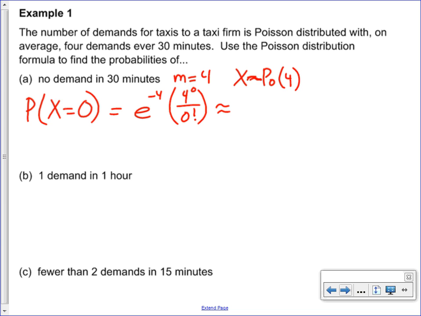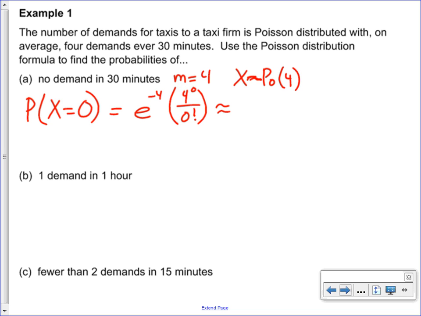Got a calculator? Go to math, and then. Oh, 0 factorial is 1, always. And then 1 factorial would be 1, and then 2 factorial would be 2 times 1, and 3 factorial would be 3 times 2 times 1.